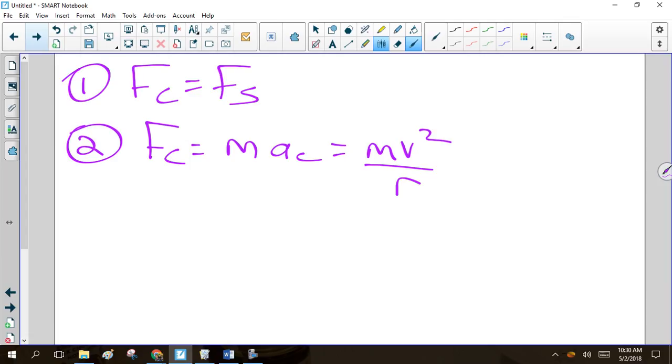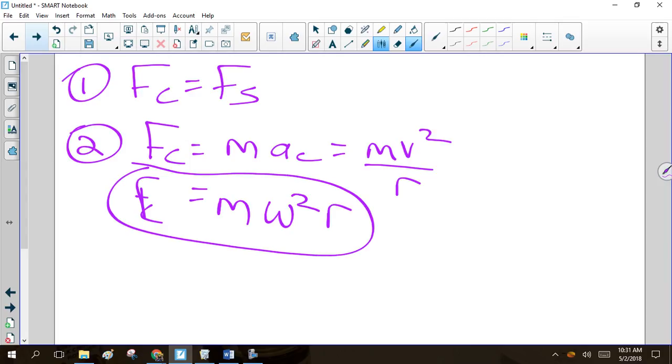So remember, a_c can also be written as omega squared times r. So this equation is going to be your best friend in this problem. Cool? Everybody good with that? All right, so with that in mind, let's see what we can do here.